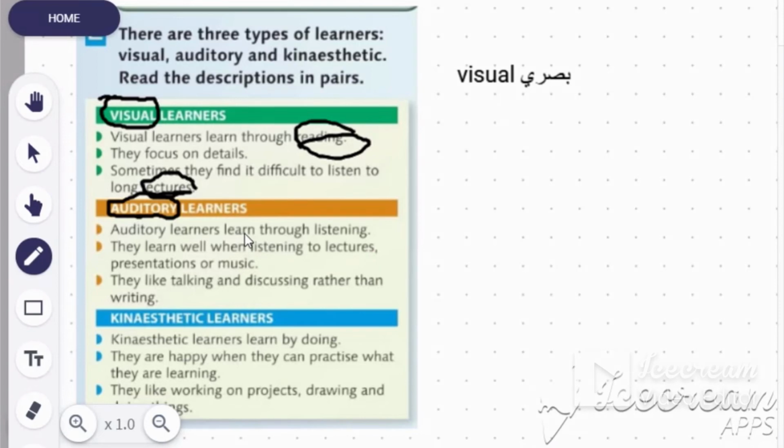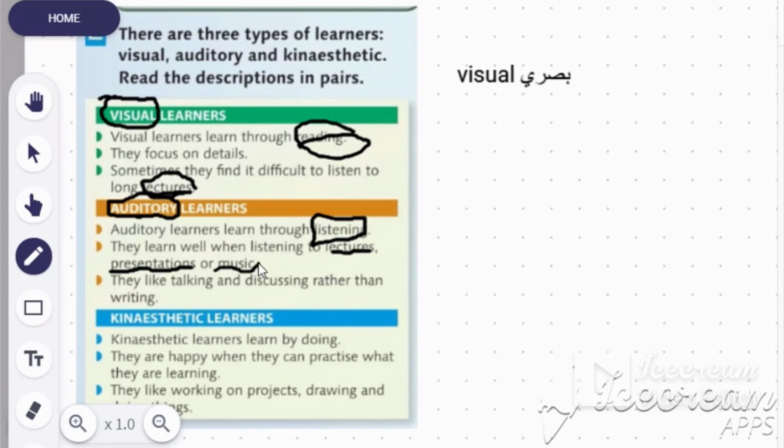Now we will read. Auditory learners learn through listening. Put a circle on this word, listening, okay? They learn when listening to lectures, محاضرات. So they like to listen. They learn well when they listen to lectures, presentations, عروض, or music.